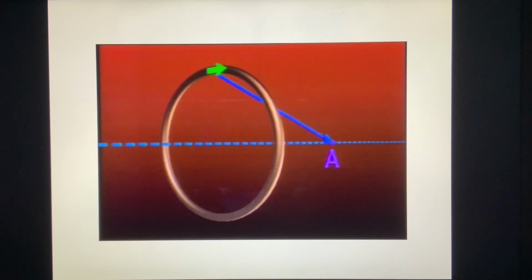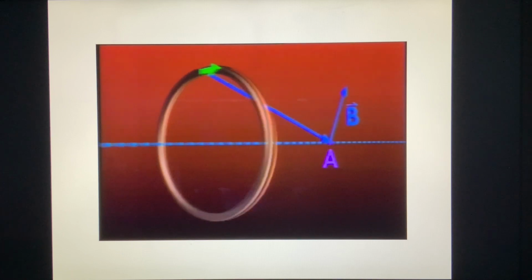Each section of current contributes a magnetic field at A, which is at right angles to both the current and to the vector drawn from that section to point A, and whose magnitude is proportional to the current in that section. The total magnetic field at point A is equal to the sum of the magnetic fields created by all the sections of current.